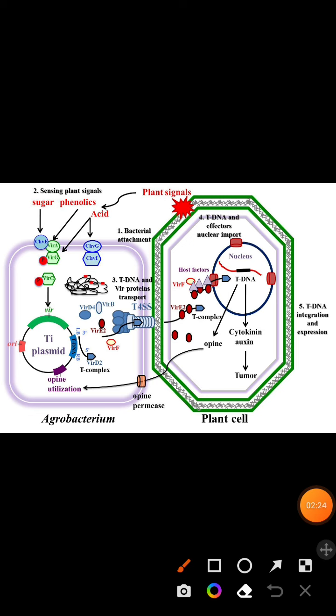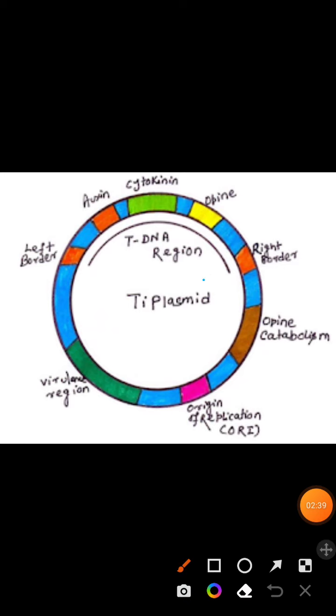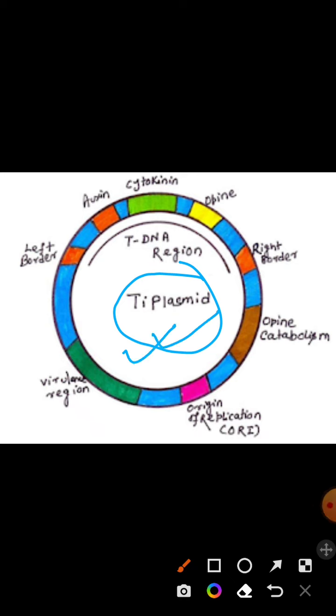Remember that Agrobacterium tumefaciens transfers a distinct portion of its DNA, or more specifically I should say a distinct portion of its plasmid's DNA. Okay, so this is the Ti plasmid that is present in Agrobacterium tumefaciens, and this plasmid is generally involved in the gene transfer mechanism.